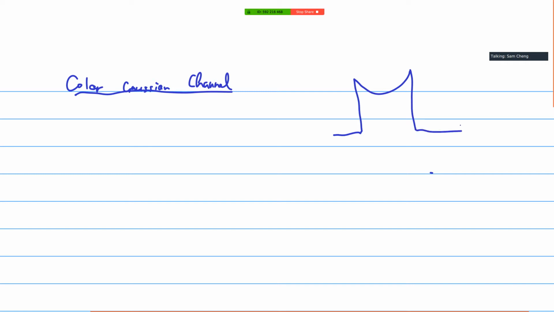Look at a colored Gaussian channel. Colored in the sense that the channel is at different frequencies, or you can think of different bands that do not have the same amount of noise. So for example, I have a channel like this. Let's say this is the range I'm able to transmit something in, but this is the noise level here.